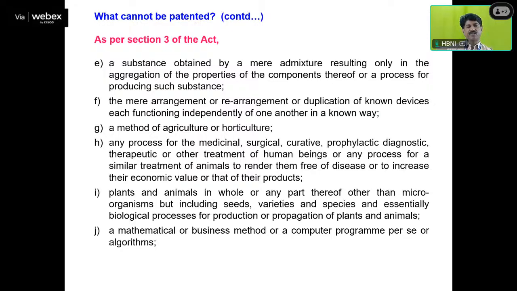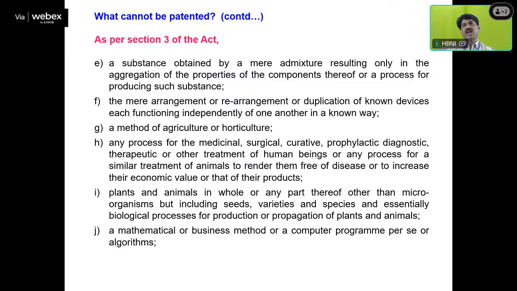Next, it continues as per section 3: a substance obtained by a mere admixture resulting only in the aggregation of the properties of the components thereof, or a process for producing such substances, will not be given a patent. Like a water purification system, if there are two beds, one is the sand bed, one is some mixed gravel bed.